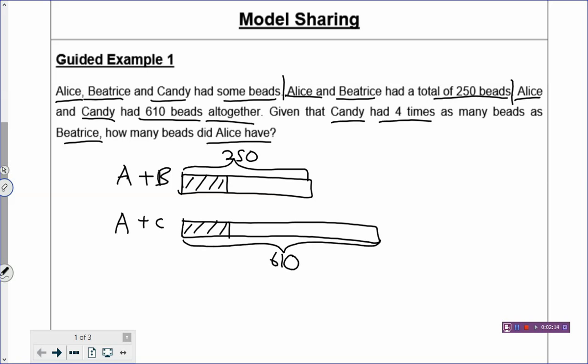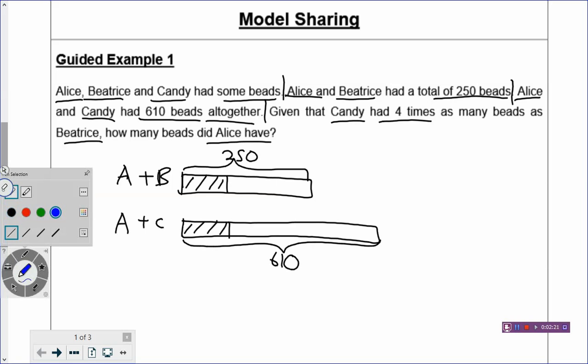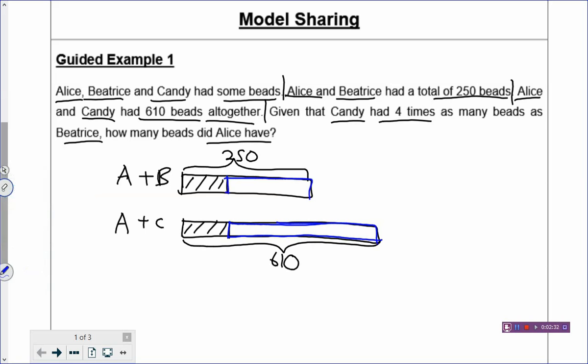Now, given that Candy had 4 times as many as Beatrice, where is Candy's rectangle? Candy's rectangle is the blue color here. And where is Beatrice? Beatrice is the second part of this model. And how do we show 4 times for Candy?